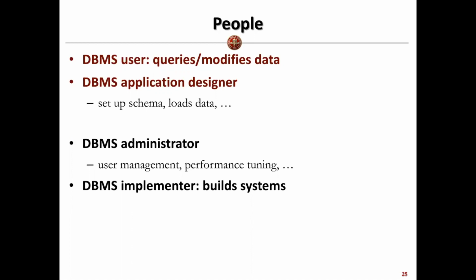They are the person responsible for designing the application-specific tables or schemas we have in the system. Besides them, we can also have a DBMS administrator or the DBA we showed in the previous page. And they are responsible for the user management and performance tuning. In addition, we can also have a DBMS implementer. They are the people who are responsible for building the system or building the software. If in the future you go to the Oracle or the IBM DB2 teams, then you will be the person implementing the DBMS.